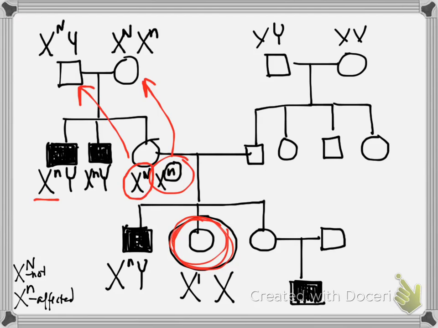Nope. So we know she has at least one X big N. Do we know what her other X is? No. Can we know? No. Not without genetic testing. Now, could we know her sisters? How do we know her sisters? Because she has an affected son.